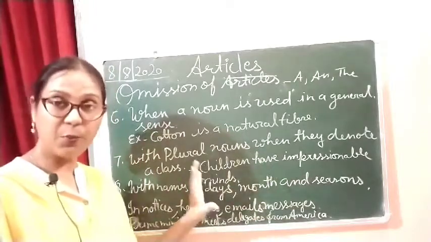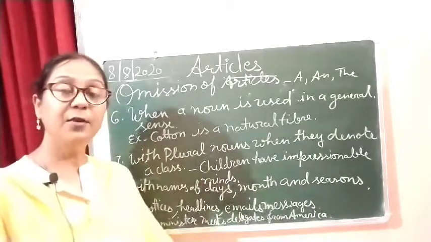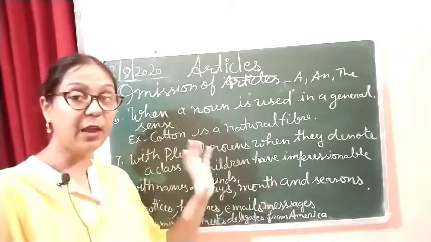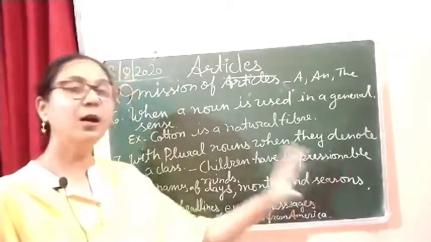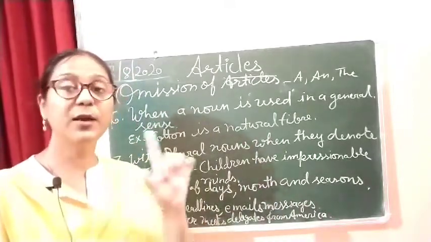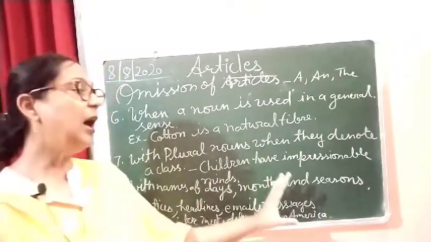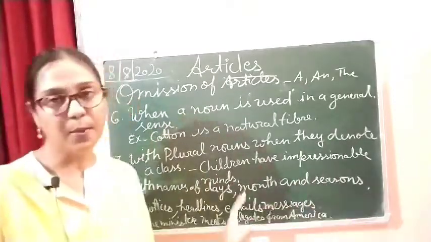Children is a plural noun, and here you can see we have denoted a class, because we are talking in general, or you can say we are talking about a class of children. Children have impressionable minds.